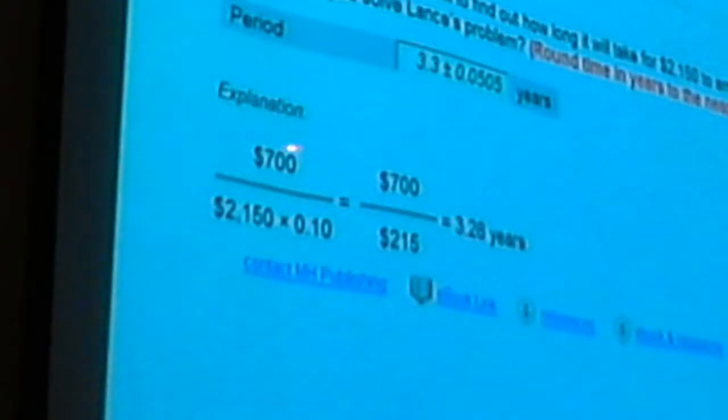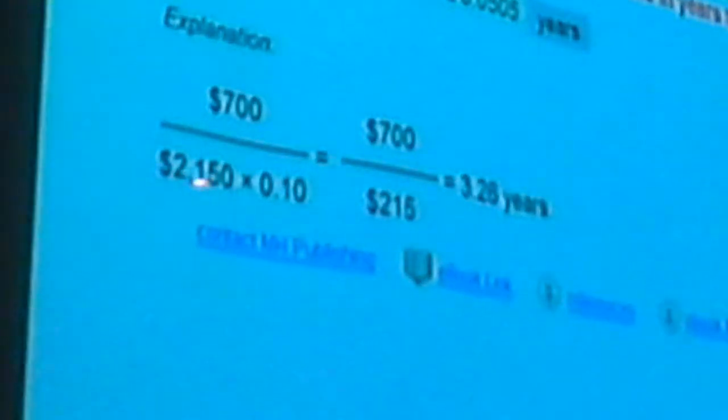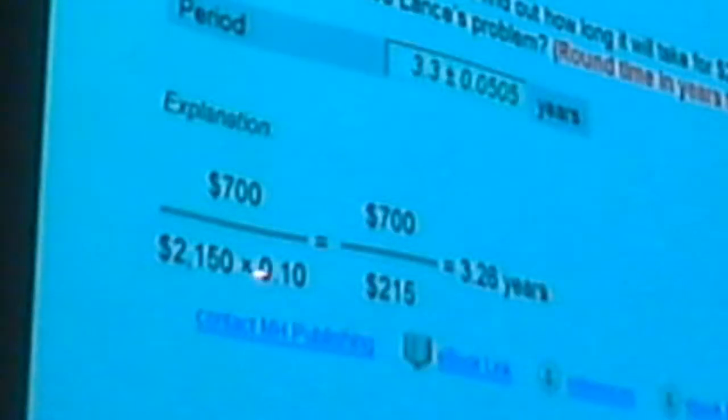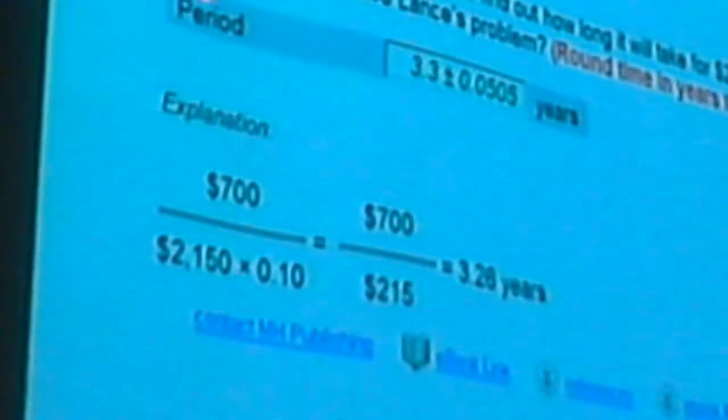So look at what's going on down here. Let's plug in the items. The 10% is R. Do you recognize the formula? I divided by P times R, because we're solving for what? Time. This says period, but don't be confused. This means time.